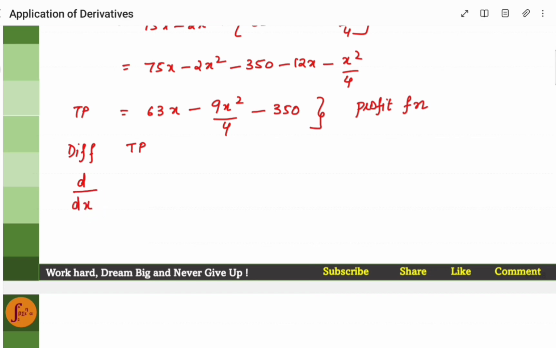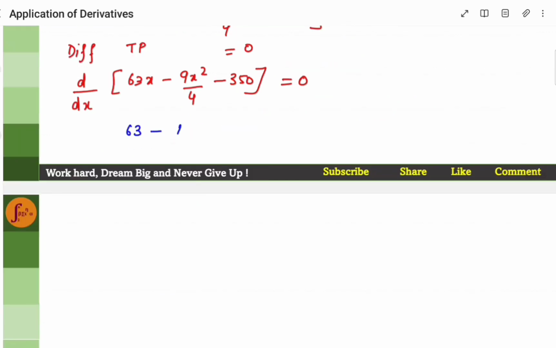You'll get the differentiation of this entire expression, right? 63x minus 9x square by 4 minus 350. And what should you do? Equate it to 0. Don't forget this. I'll get 63 minus 18x by 4 minus 0, which is equal to 0.